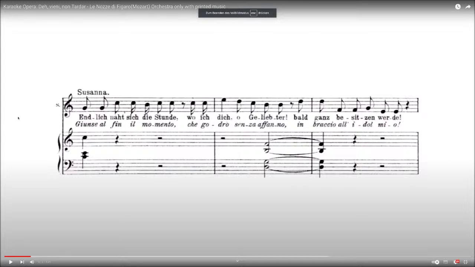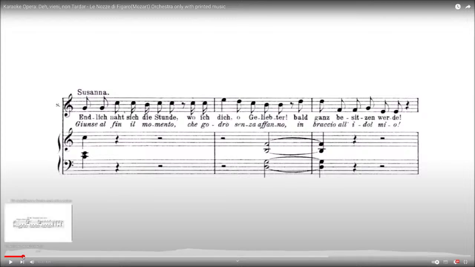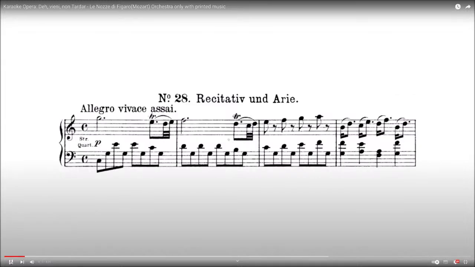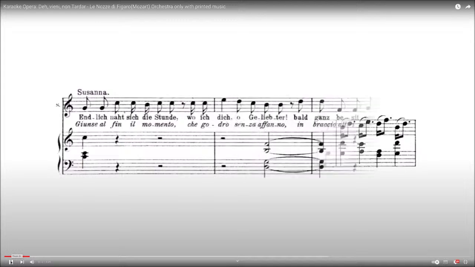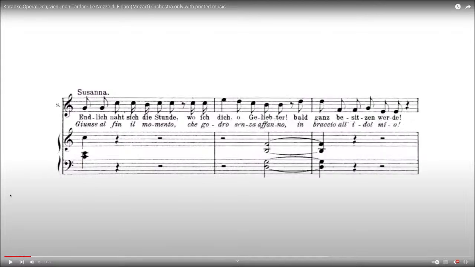So you can see this. Giunse al fin il momento. I'm wrong again. Get the right key again. Giunse al fin il momento. Can you see how this is written exactly like it would be spoken? Giunse al fin il momento che godrò senza affanno in braccio all'idol mio.